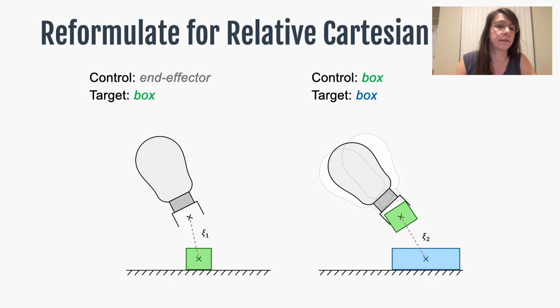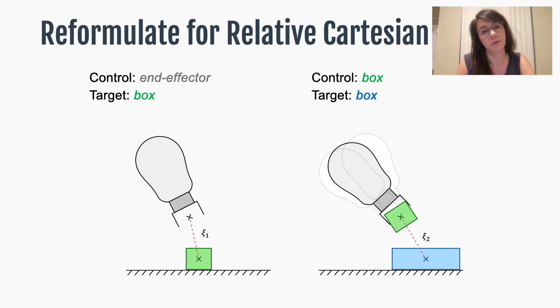And then what of course happens in the real world is that typically when the box is picked up, it's in some kind of awkward pose relative to the end effector because of uncertainty. But that doesn't really matter in our approach, where we propose to reformulate the optimization problems to optimize for relative Cartesian frames.